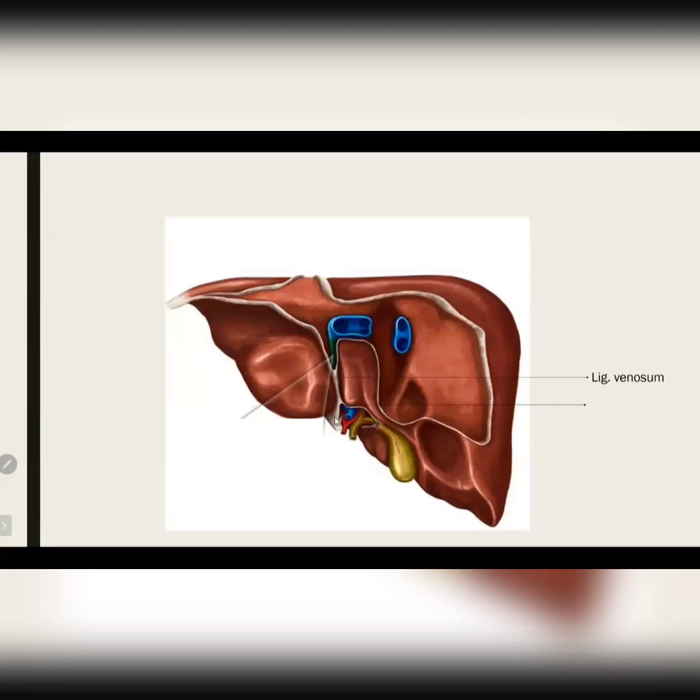And here you can see there is an area where structures enter the liver and they leave the organ as well. So this region is called the gateway of the liver, or it is called porta hepatis, L-shaped attachment of lesser omentum on the inferior surface of the liver.